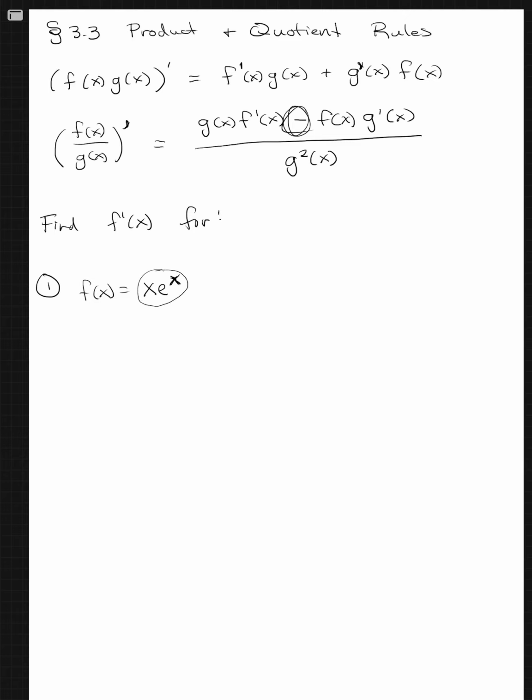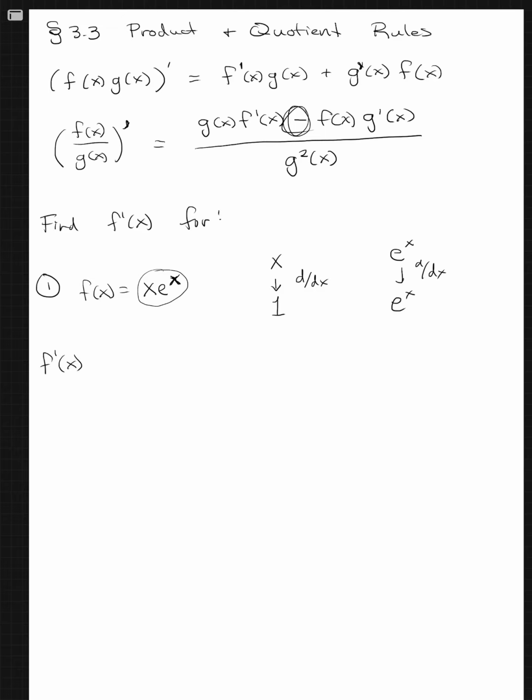This thing as a whole isn't one of the ones we know already, but it is a product of two things we know. So in this case, we have x and we have e to the x. And when we take the derivative of x, we get 1. And when we take the derivative of e to the x, we get e to the x back, right?